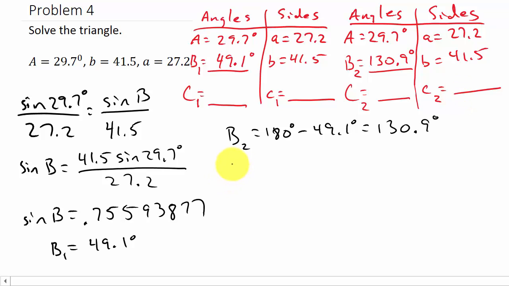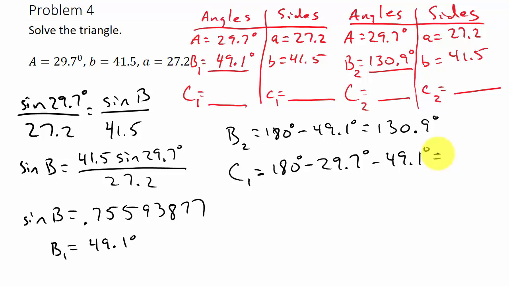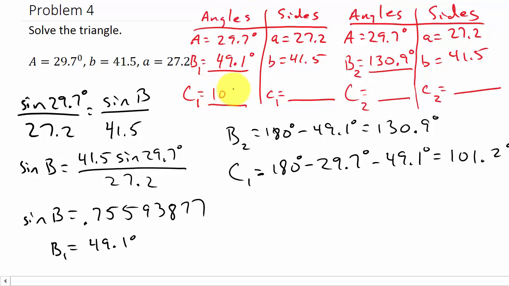All right, so now I can find angle C1. That's going to be 180 minus these two angles, 180 minus 29.7 minus 49.1, which is 101.2 degrees. And so this is going to be 101.2 degrees.